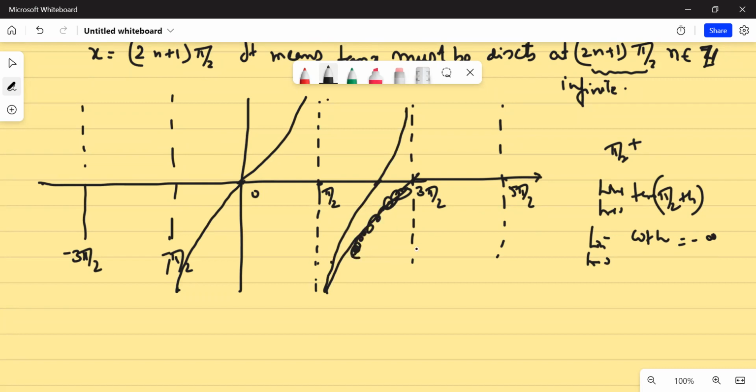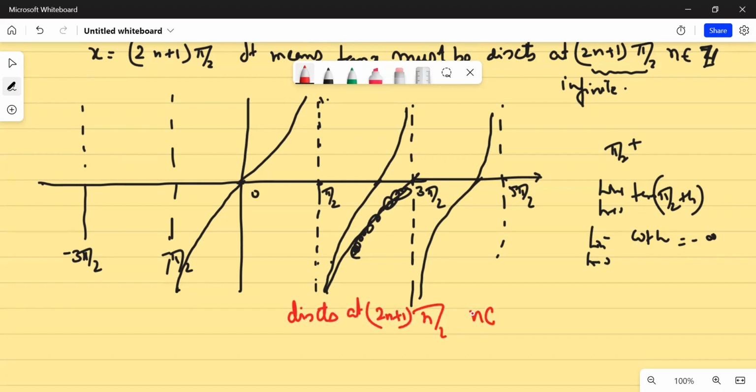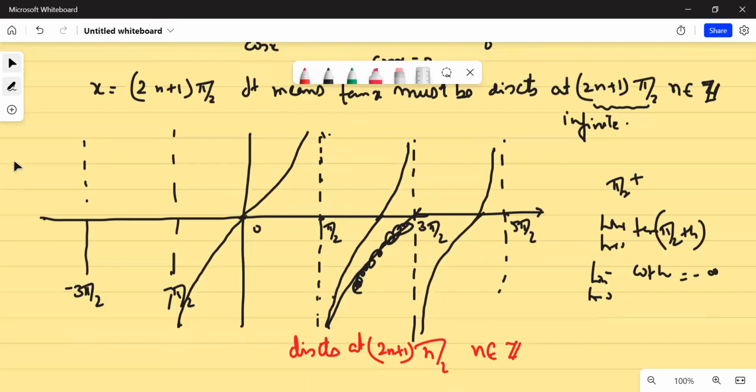Is that clear? Yes. Again, it will start from here. Again, it will intersect at 2 pi and this is it. So you can clearly see this is discontinuous at (2n plus 1) pi by 2, where n belongs to Z. Is that clear? So you can see that these are infinitely many discontinuities.